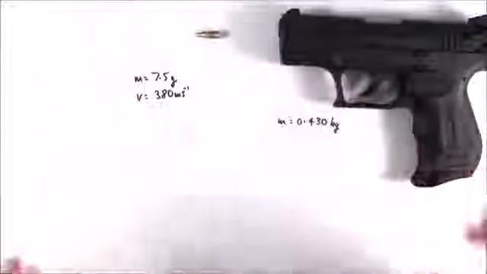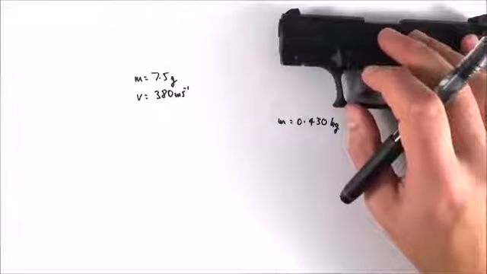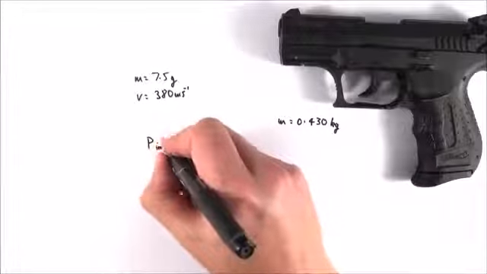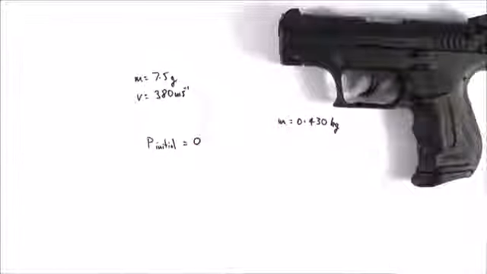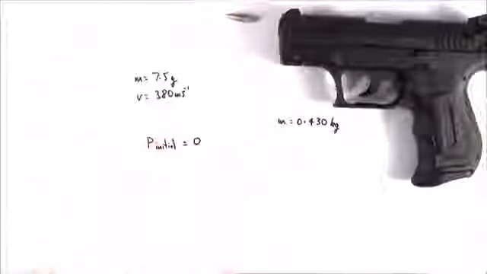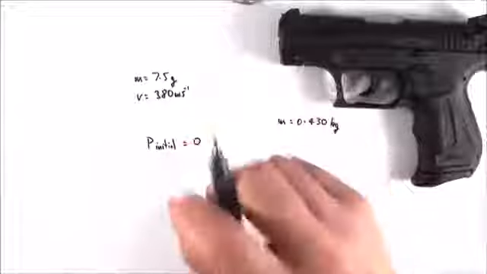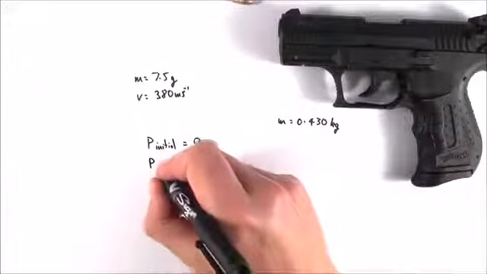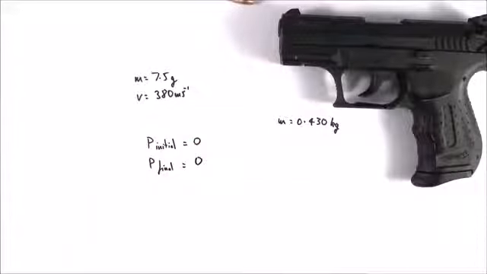Now, before anything happens, and the bullet's inside the weapon, this thing is stationary, and therefore the initial momentum is equal to 0 because nothing is moving. We know from the conservation of momentum that the momentum after the explosion is going to be the same as it was at the start. So we can say that P final, the final momentum, is also equal to 0.